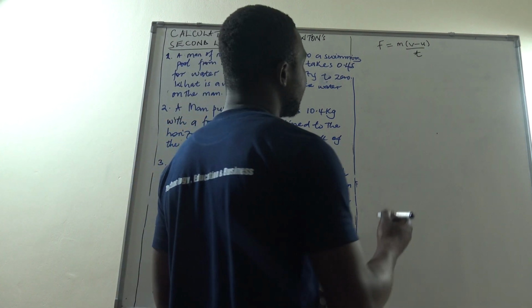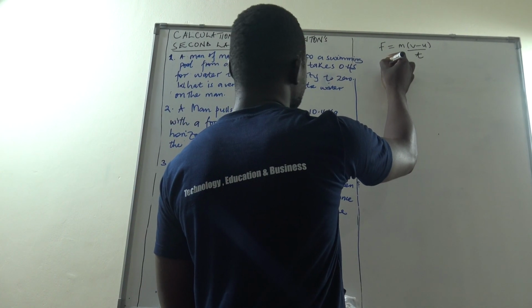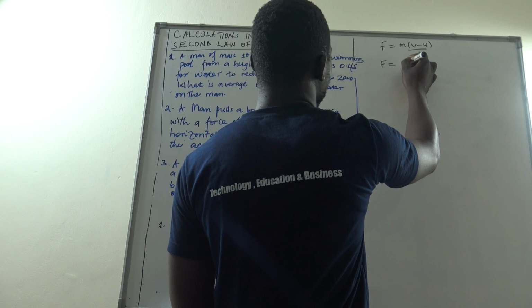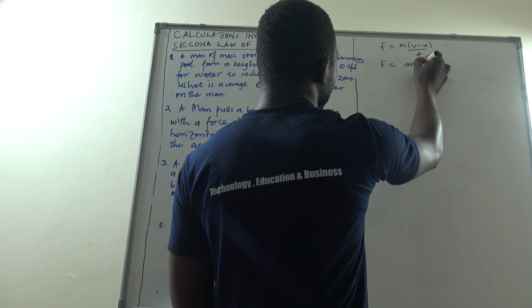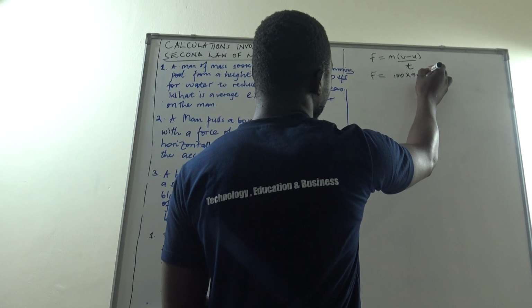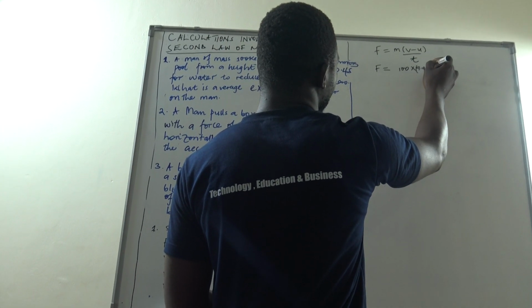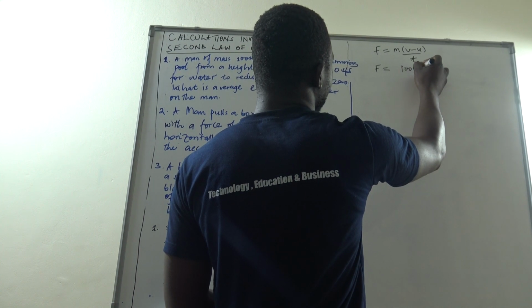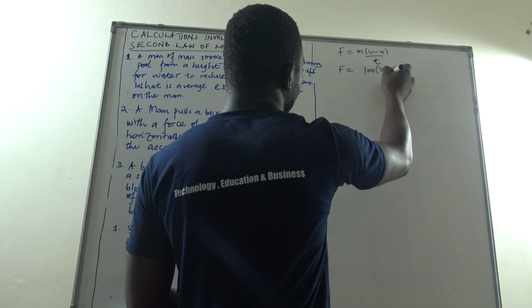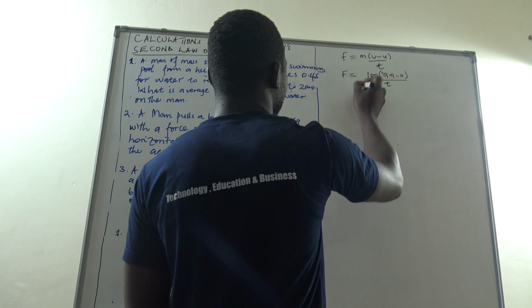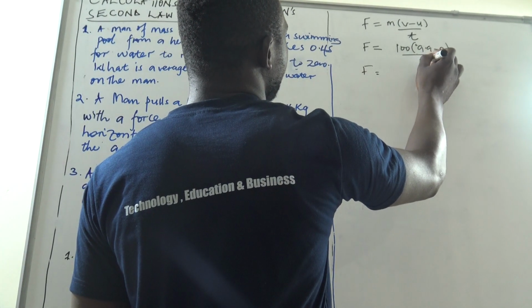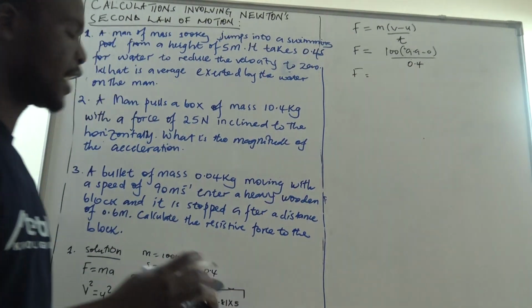So our force is going to be the mass of the man, which is 100, times (9.9 minus 0), out of time, and our time was 0.4 seconds.